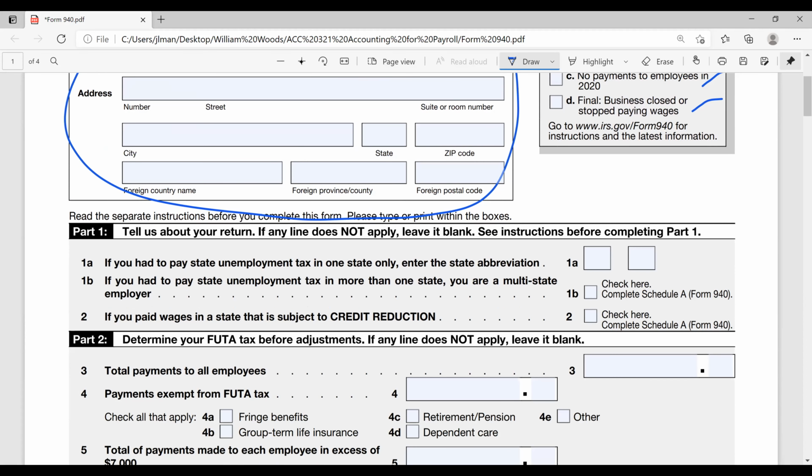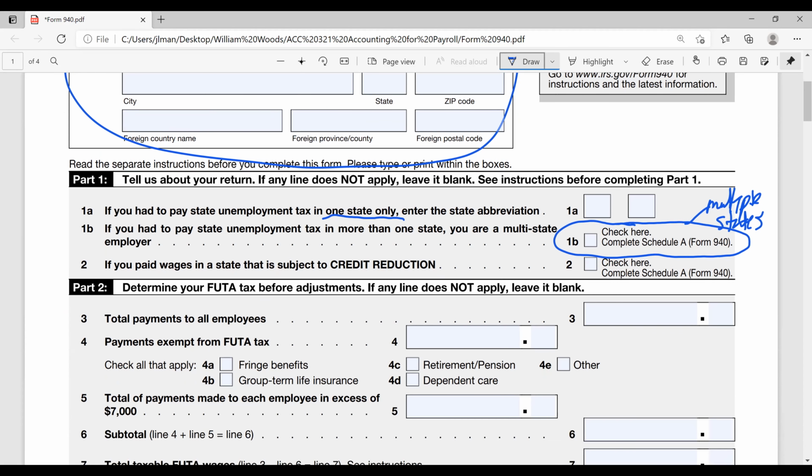If we only had to pay unemployment tax in one state only, otherwise we have to check here and complete the Schedule A. This is for multiple states. If you paid wages in a state that is subject to the credit reduction, again, that's that Title 12 that they talked about.